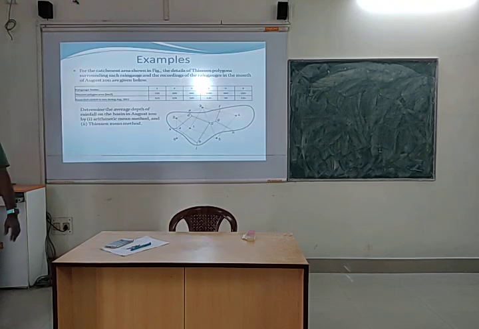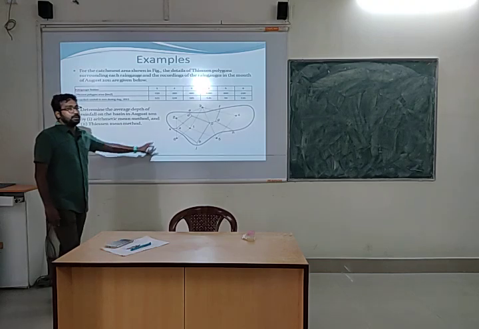First example is this one. You need not write the example because this is taken from your textbook, right? You need not write the example, just see the data, solve it.